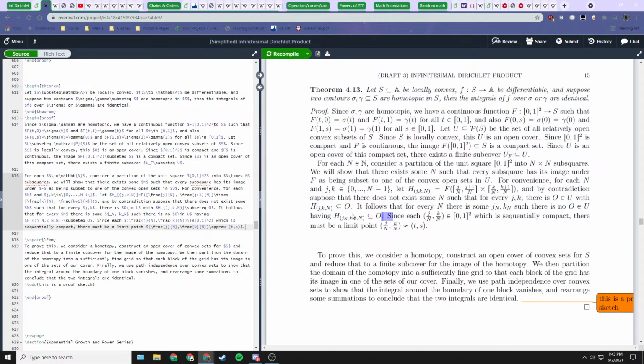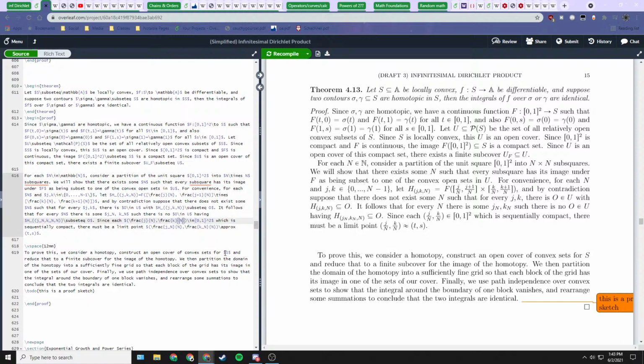No open set covers that particular tile. So for every n, there has to be some tile which can't be covered by one single convex open set. Since each of these points, j sub n over n and k sub n over n, is in this unit square, which is a compact set, we should have a limit point, for these terms are approaching this point t, s.